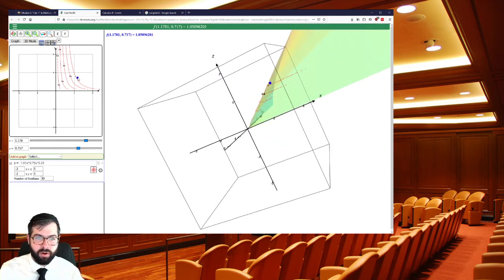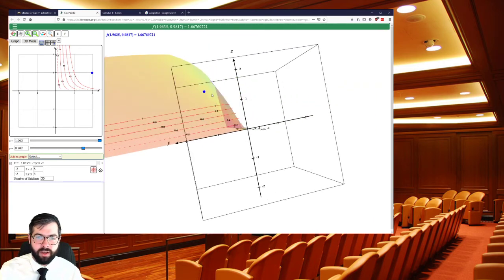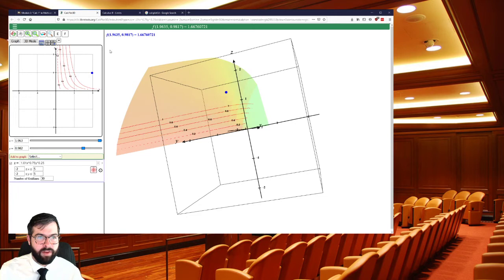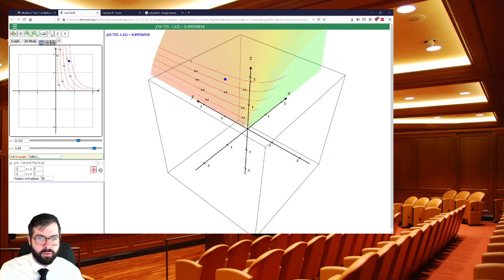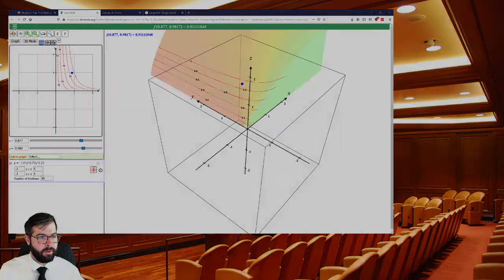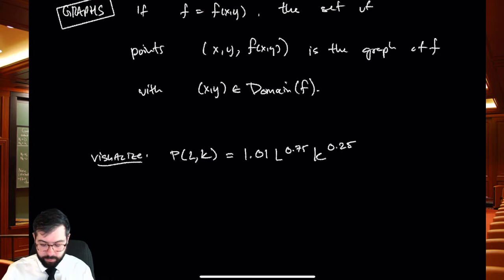So if I want to know, where am I at 2, 1, it will show you where you're at 2, 1, as well as give you that value, right, or something close to that. And so this can be helpful to orient yourself, find particular values, like you're hiking along this little hill here. Okay. So it's a really neat tool.